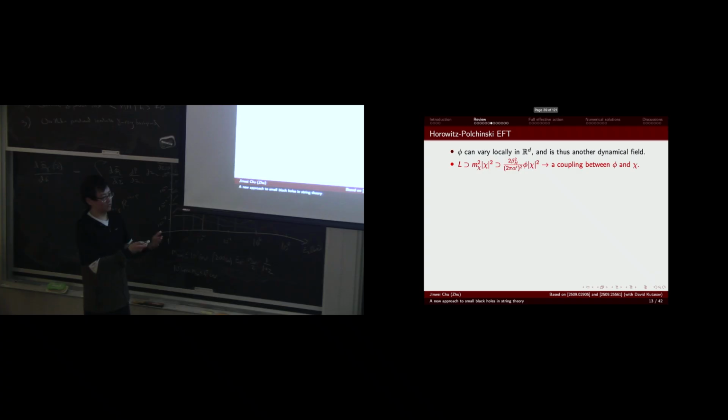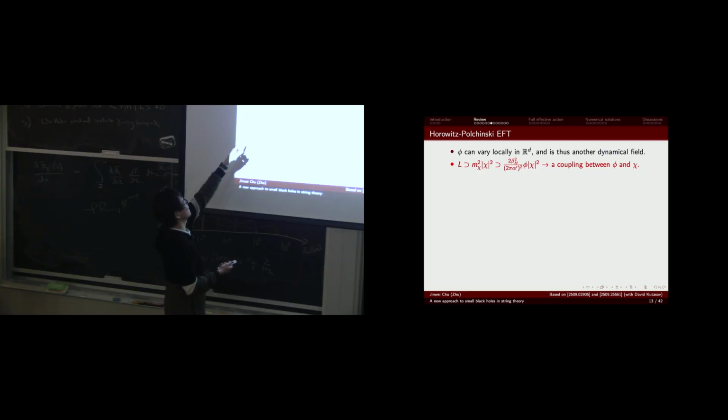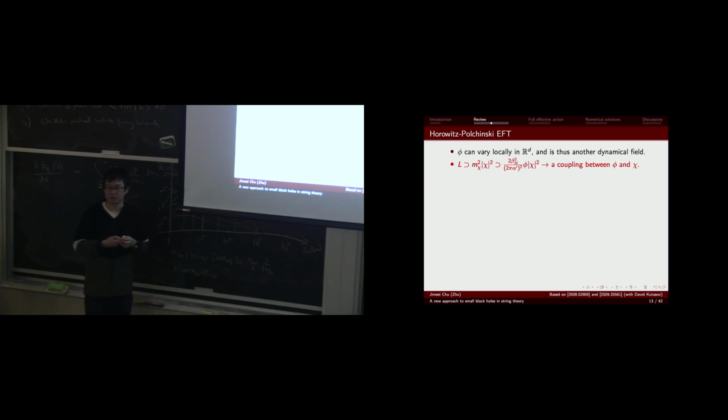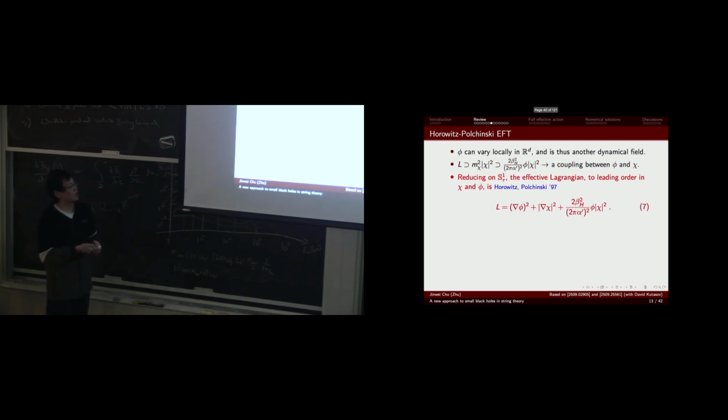So now we have two dynamical fields, chi and phi. For the interaction between them, we can look at the mass term of chi, which as I said, to leading order, the mass squared is proportional to phi. So this gives rise to a cubic coupling between phi and chi. Furthermore, reducing on the thermal circle, because the circle is very small, we can write down an effective Lagrangian.